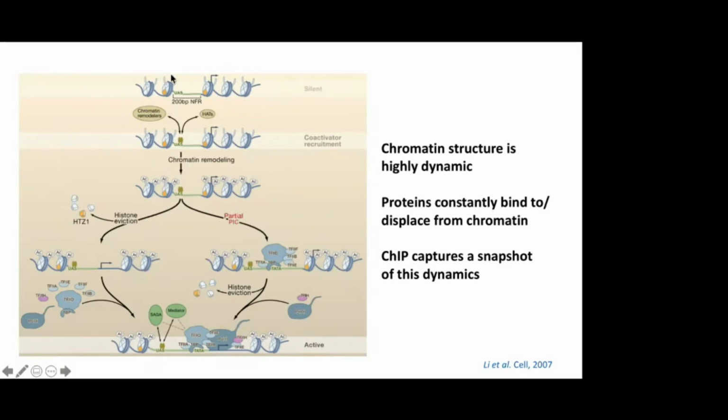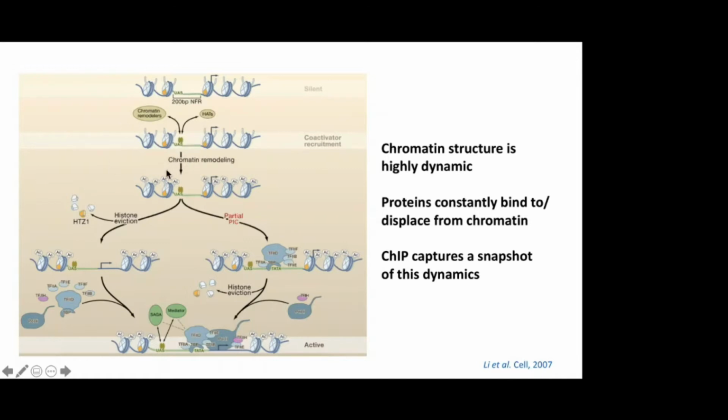Just remember, we are starting off with a silent chromatin state on the top. And through a series of chromatin remodeling, this silent chromatin is opened up and different machineries are recruited, leading to activation of the gene. So chromatin remodeling starts with the recruitment of different chromatin remodelers and histone acetyl transferases at upstream activator sequences just before the promoter.